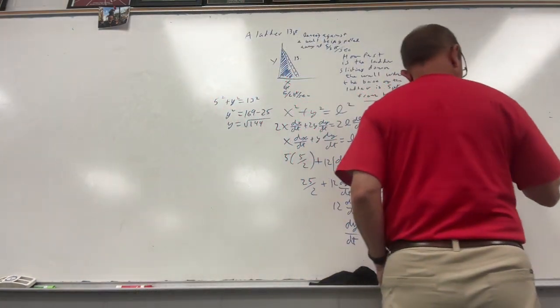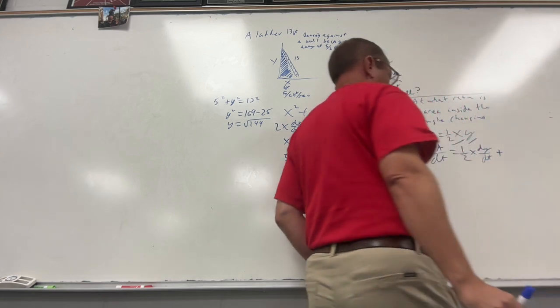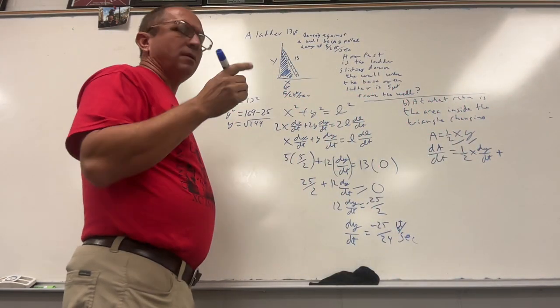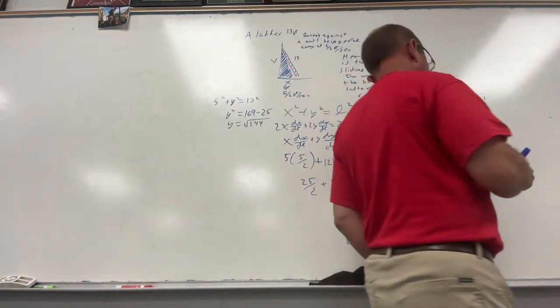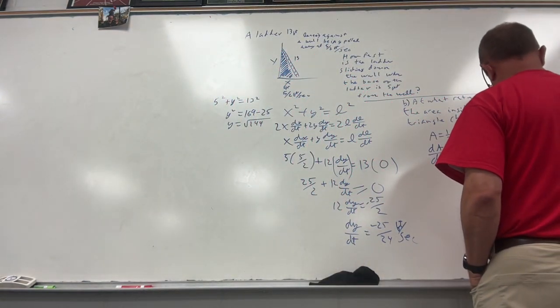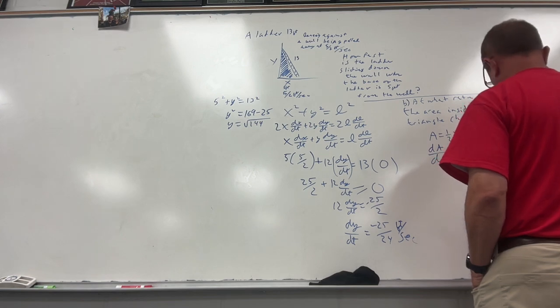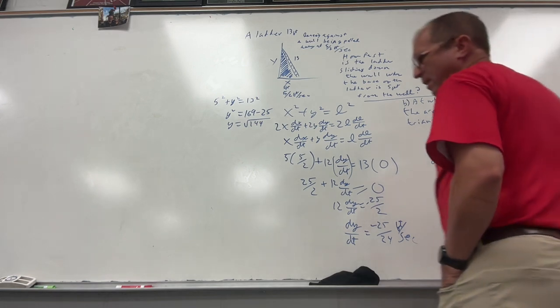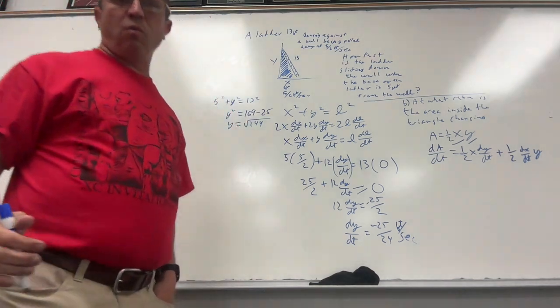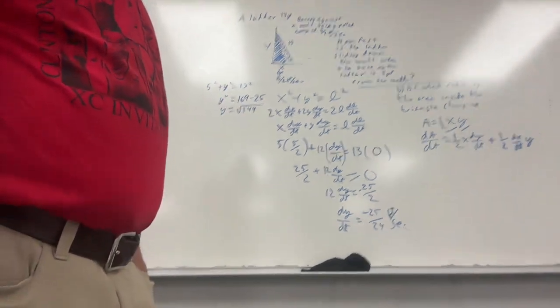And then the derivative of the first term, which is what? 1/2 dx dt. We have to take the derivative of x with respect to time. So it's 1/2 dx dt times y. And again, we're not taking the derivative of the y portion, so we don't put the dy dt with it.